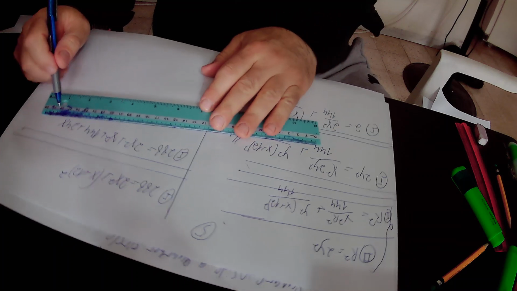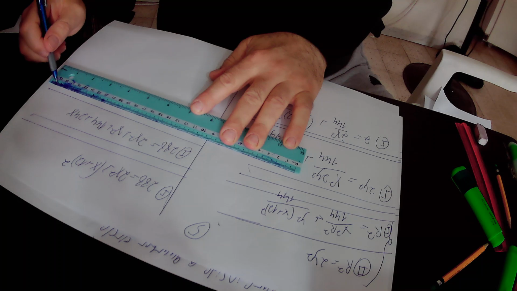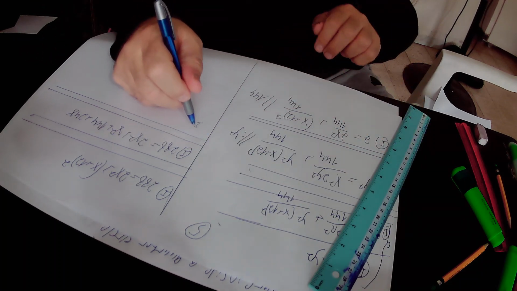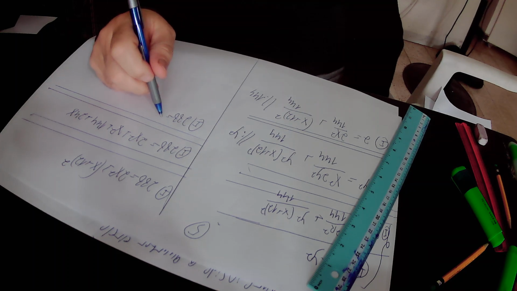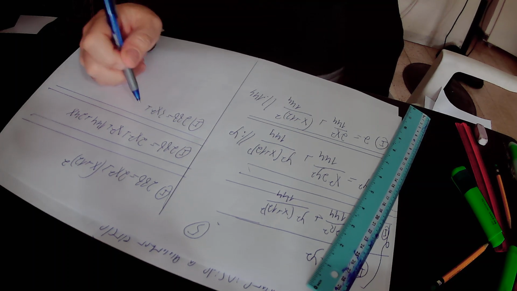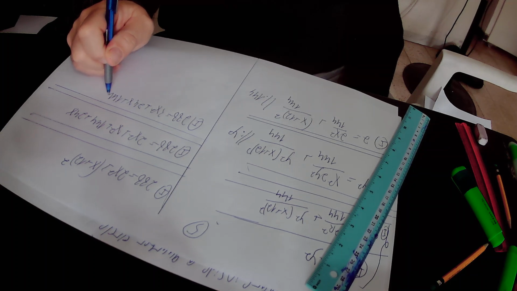So we found out that according to equation 1, 288 equals 2x squared plus x squared is 3x squared, plus 24x plus 144.